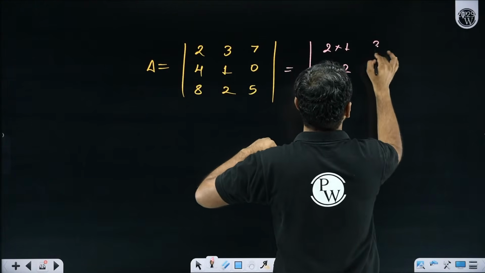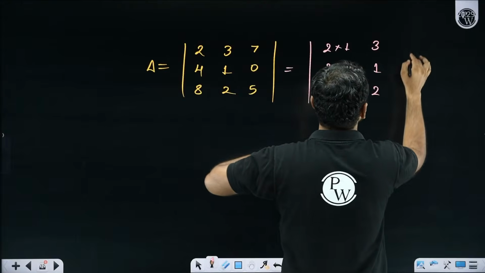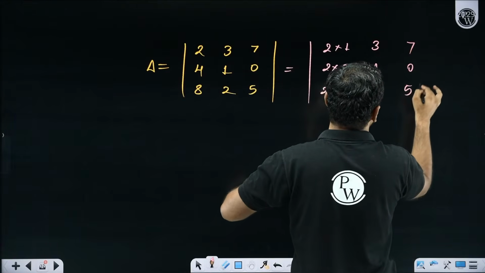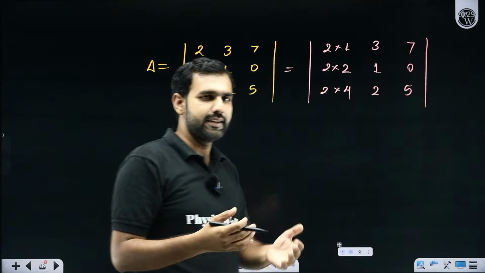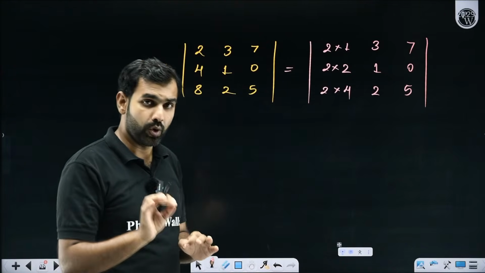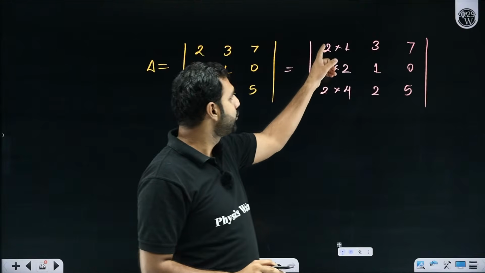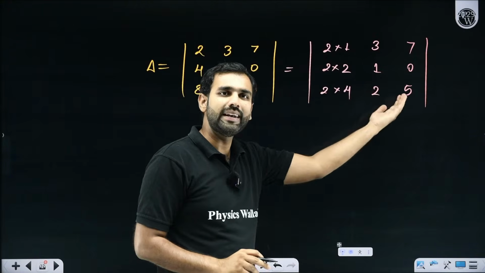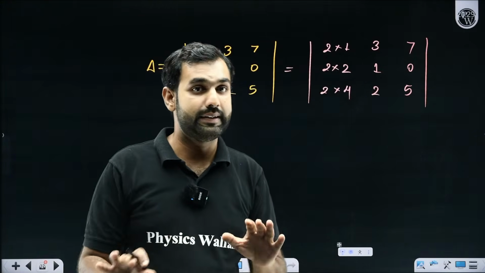And this is 3, 1, 2, and this is 7, 0, 5. I am explaining it in the reverse manner, the property which we have just discussed. The property says that this 2, 2, 2, you can take common out of this entire determinant.